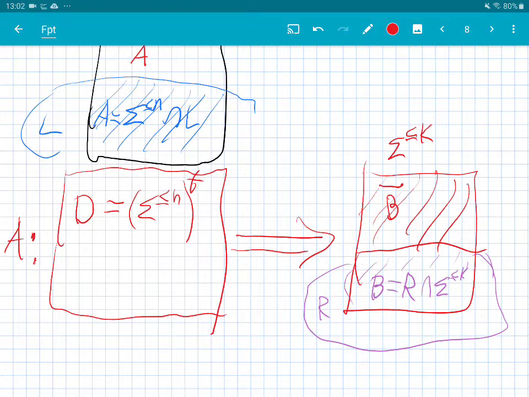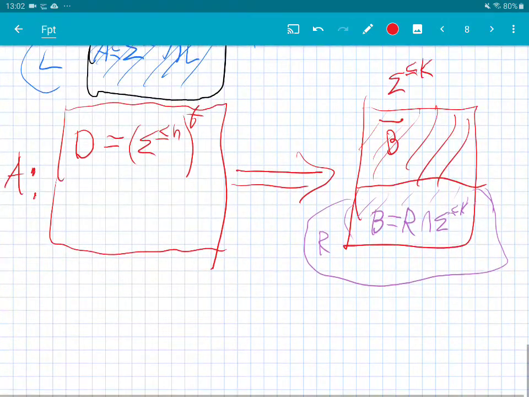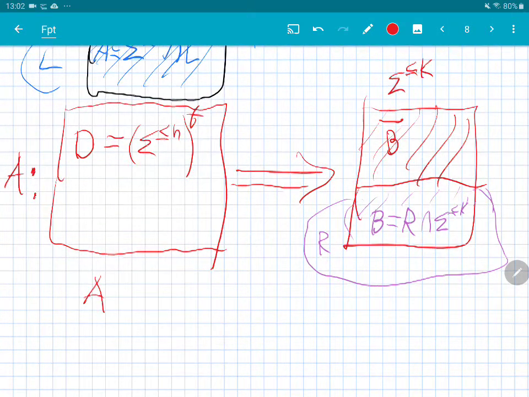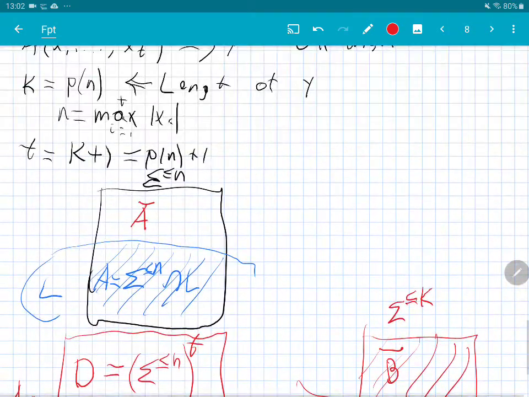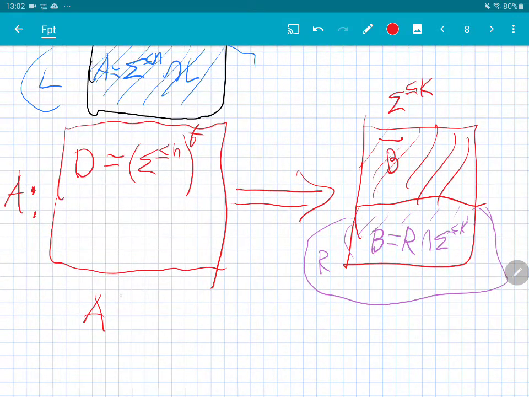Now we can think about the good tuples and the bad tuples. What are the good tuples? To remind you, A are all the original strings that belong to L. In fact, it would be more useful to look at the complement set.